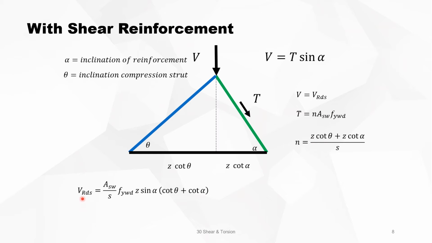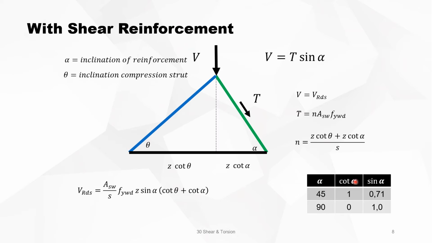So the design value of the resistance to shear given by the stirrups only equals, if we substitute the T in this formula and the N in this formula, what is written here.